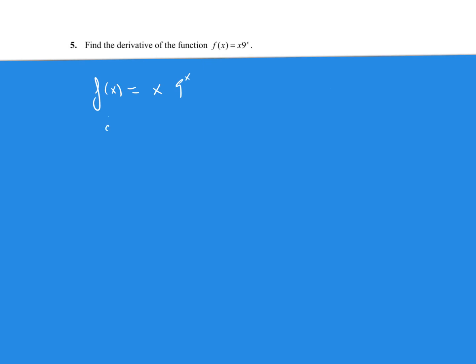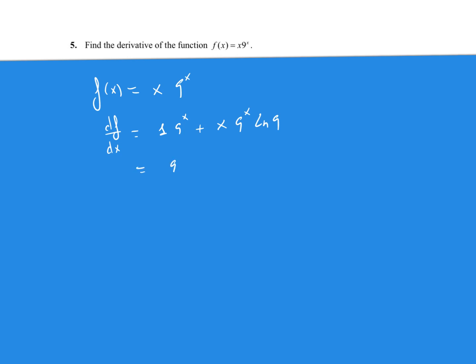So the derivative of the function with respect to x is the derivative of the first, 1, by the second, 9 to the x, plus the first, x, by the derivative of 9 raised to the power x, which is 9 to the x multiplied by the natural log of 9. And the problem will be solved.